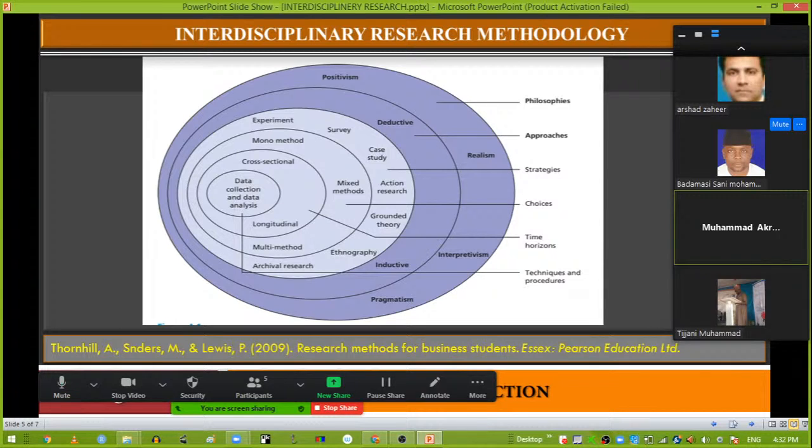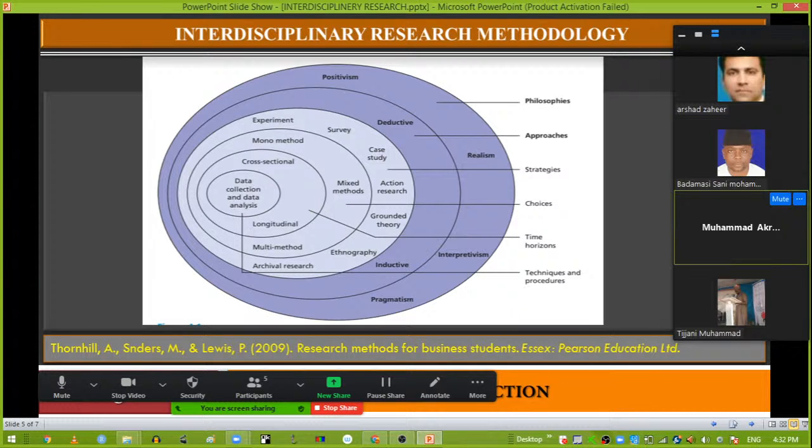Dr. No, Badmasi? no, you can go ahead, sir. Okay. You can Okay, go. Dr. Akram. Dr. Akram, sir, can you just put some, a general and overview about these, when the things that are important for, in the research design, we discuss all these philosophies, and this research onion helps us a lot in that.